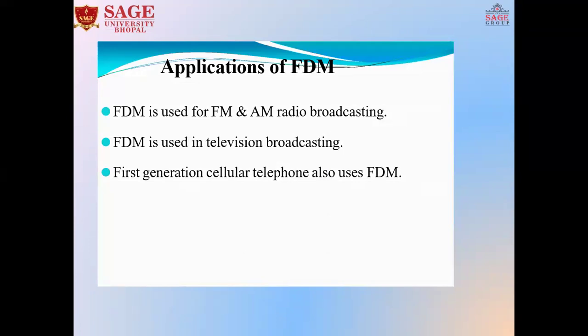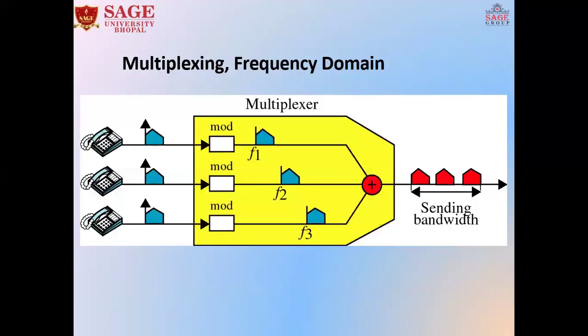It is used for frequency modulation as well as amplitude modulation radio broadcasting, as we have discussed in the previous lectures. It is also used in television broadcasting, and first generation cellular telephones also use frequency division multiplexing. So these are a few applications of frequency division multiplexing.